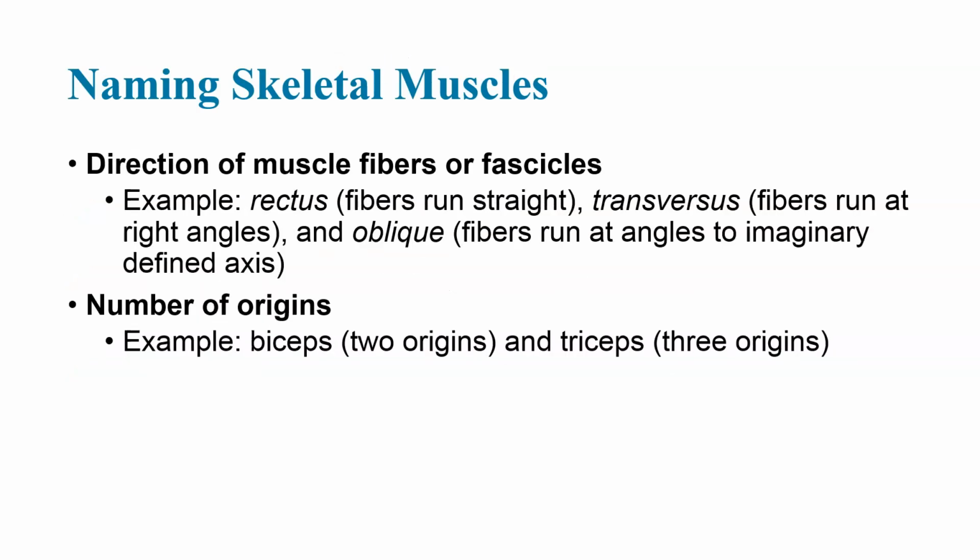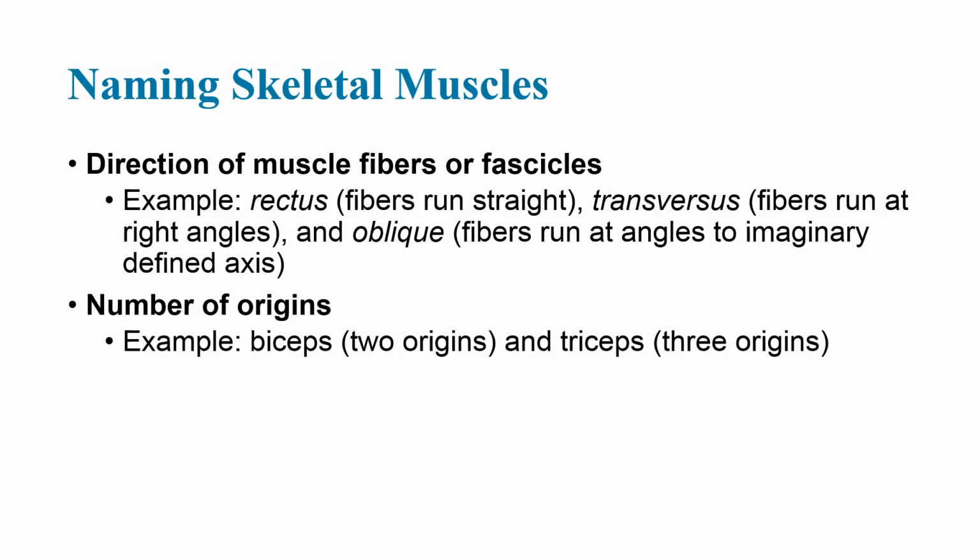Some muscles are named by the direction that the muscle fibers or fascicles are oriented on the body. Rectus usually means that the fibers run straight. Transversus means that the fibers run at right angles, and then oblique means that the fibers run at some angle that's not quite 90 degrees, and it basically goes along an imaginary defined axis.